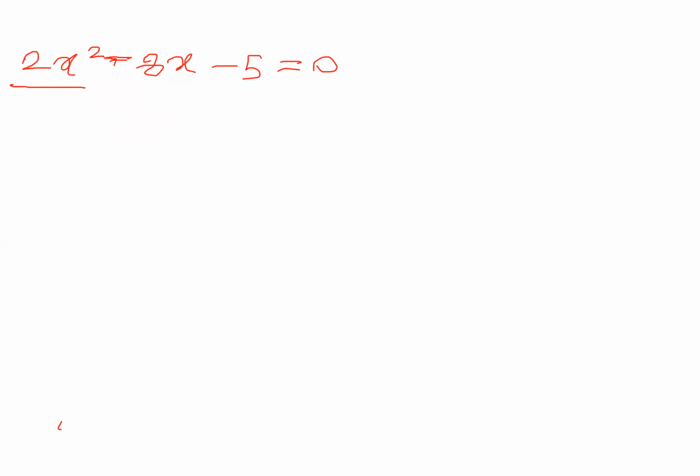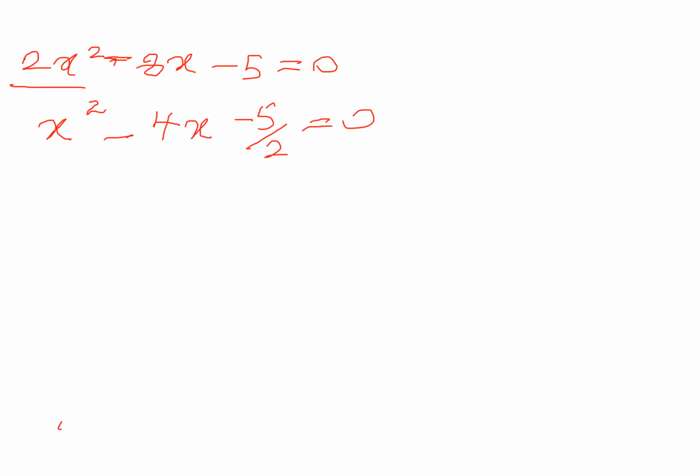For that, how can we do that? We have to divide all the terms in our equation by 2. When we divide all the terms by 2, this one becomes x squared, the second term becomes 4x, and minus 5 divided by 2 equals 0.